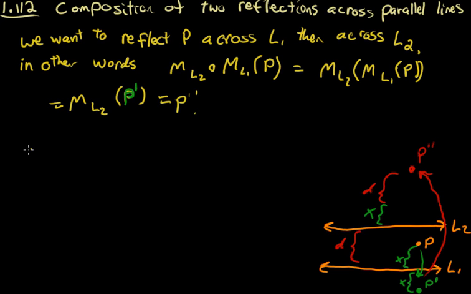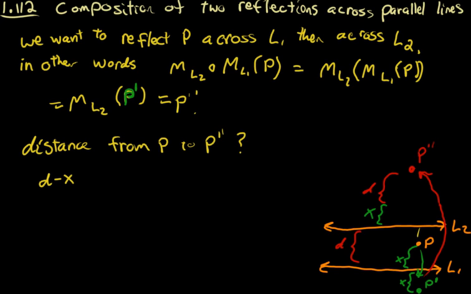And then we want to find the distance from P to P prime prime. Well, from here we have D minus x, so it would be d minus x to get this short distance.